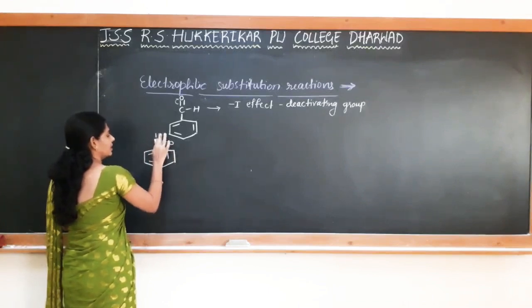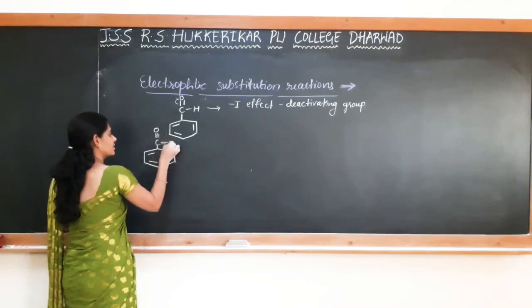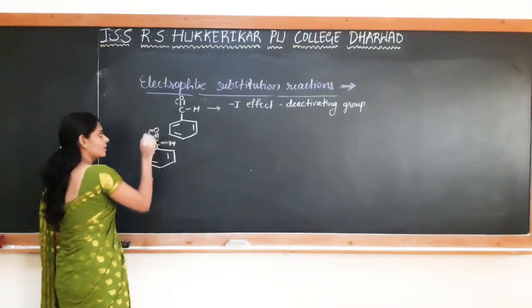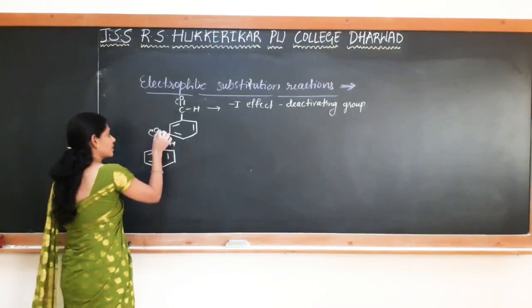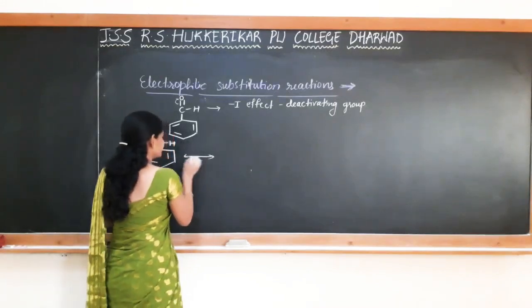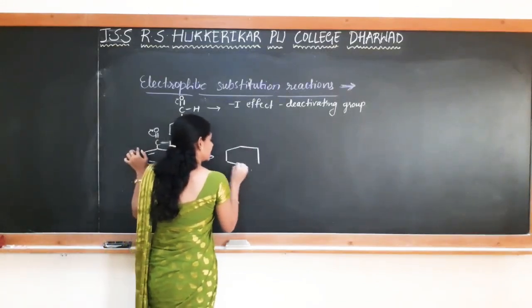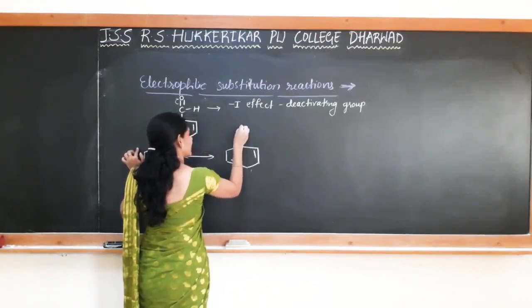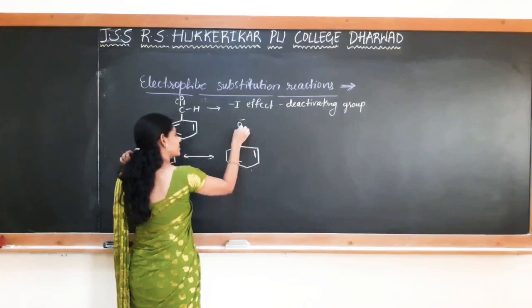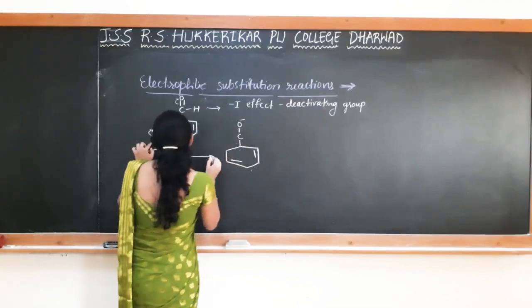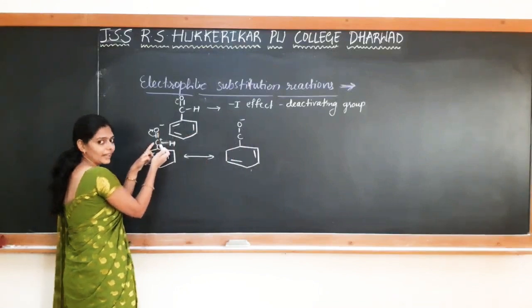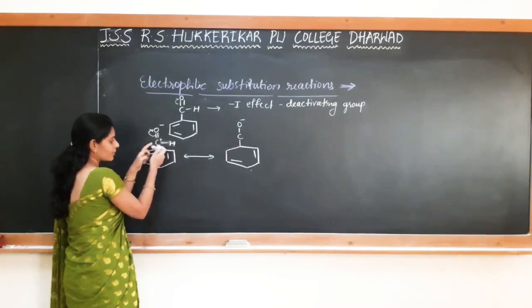See here, carbon doubly bonded with oxygen, single bonded with hydrogen. As oxygen is more electronegative, it draws electrons towards itself, so oxygen carries a negative charge. The carbon and oxygen bond becomes a single bond. Now, as oxygen becomes negative and carbon becomes positive, carbon is electron deficient, so it withdraws electrons from the next bond.